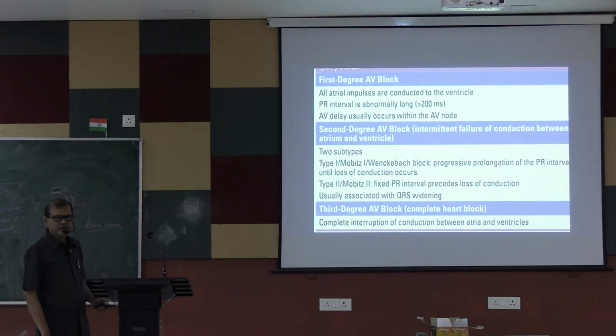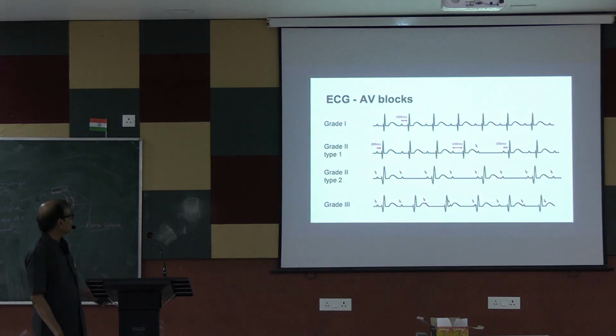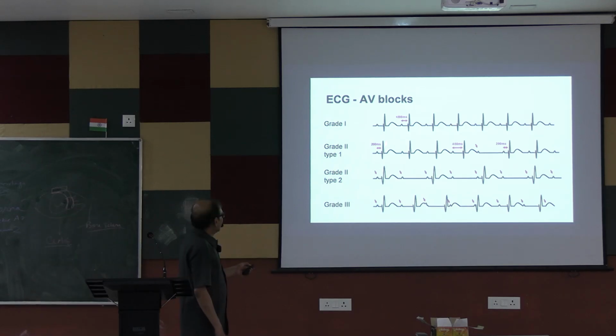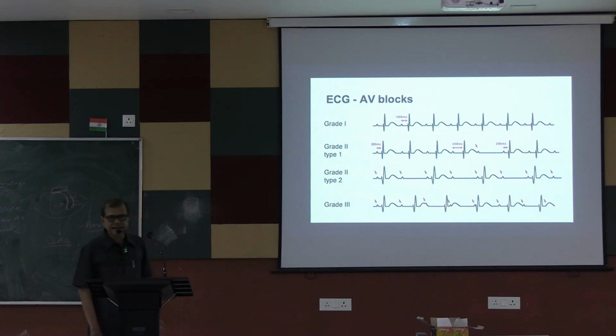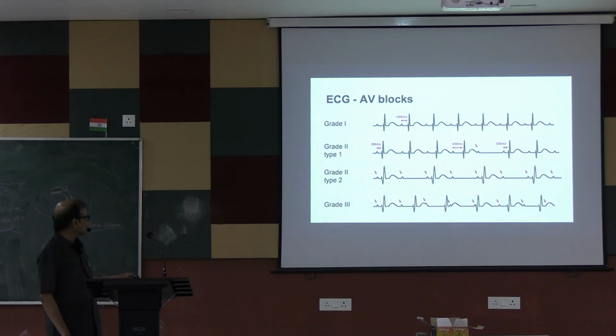Now the electrocardiographic manifestations. Grade 1: the PR interval is prolonged, more than 200 milliseconds or more than 0.2 seconds. This is grade 2 type 1: prolongation of the PR interval, again prolongation of the PR interval, then P not conducted.